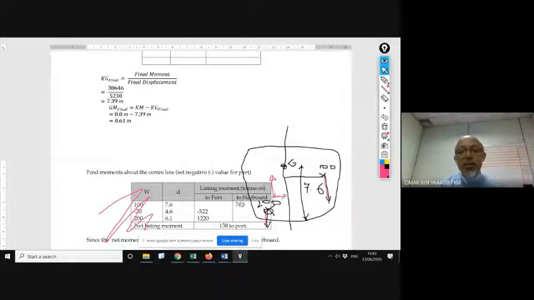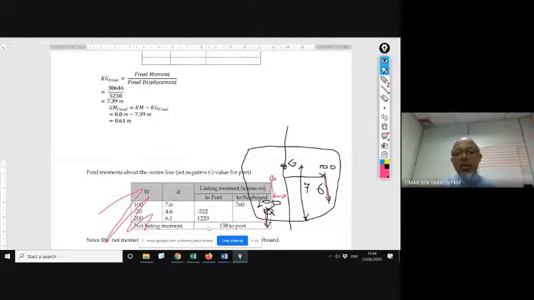So we put the moment on the starboard column. And then my 200 times 6.1 on the port. And then minus 70 times 4.6 to port as well, which is this one. So this one is minus 70, and it is minus 70 to port.